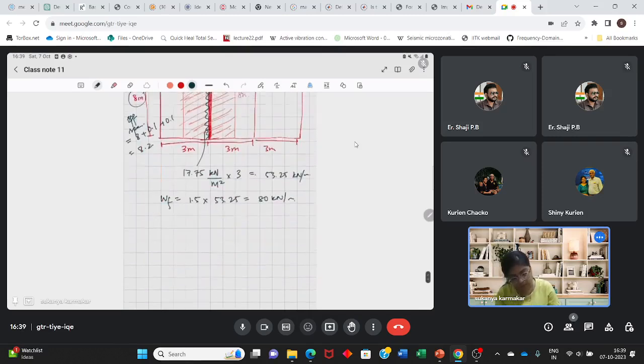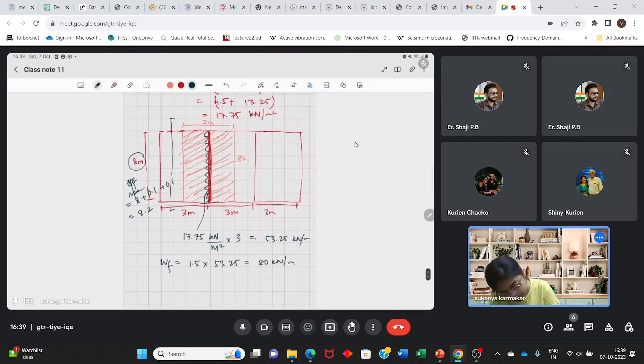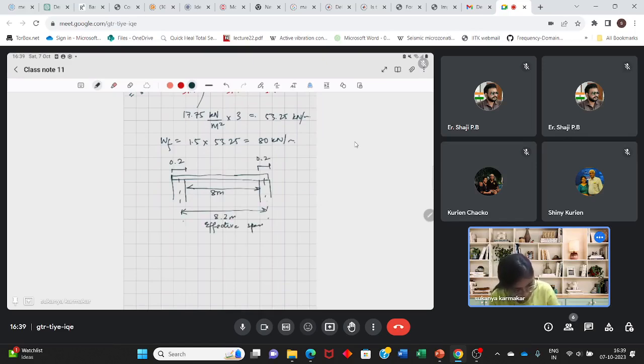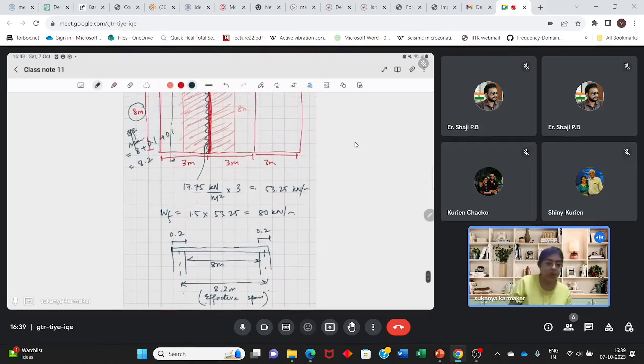Basically, if I look at the section here, this beam is resting on two bearings. This is 8 meter, and this is 0.2 meter and this is 0.2 meter. So effective span will be 8.2 meter.